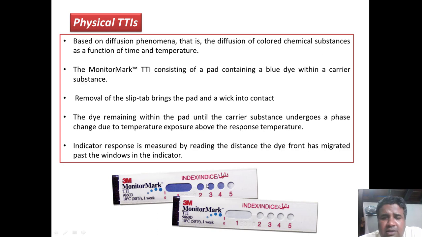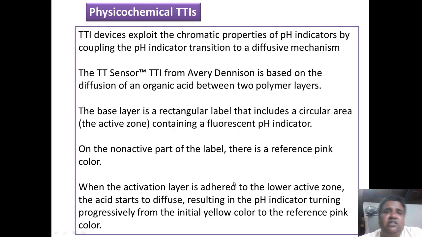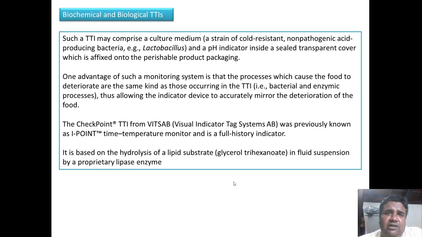This diffusion is due to the physical mechanism, and then when it reaches this pH indicator, it changes the pH of the indicator. As the pH lowers, the indicator changes color and turns from yellow to pink. This is the concept of this physicochemical TTI.